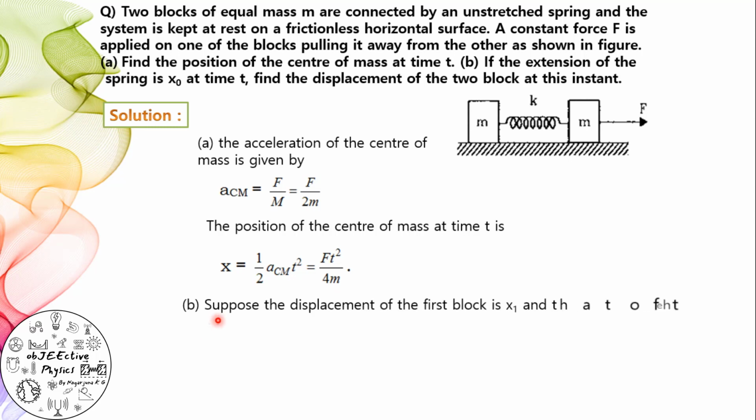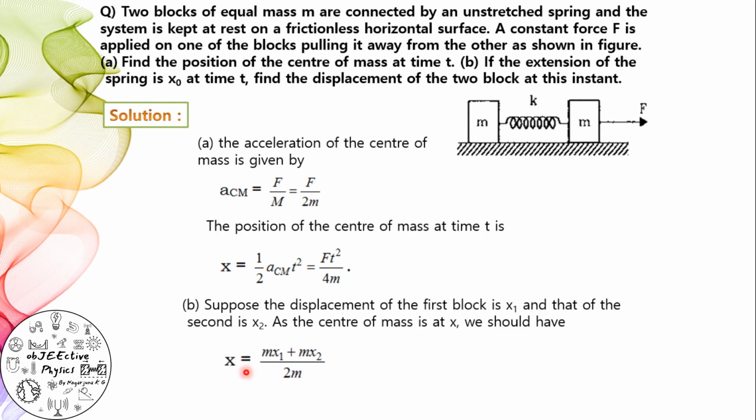Next, B point. Suppose the displacement of the first block is x1 and that of the second block is x2. As the center of mass is at x, we should have the center of mass formula. x is equal to m1 x1 plus m2 x2 divided by m1 plus m2, where m1 and m2 are equal. Observe this equation. In the numerator, we can take m as common and in the denominator m is there.